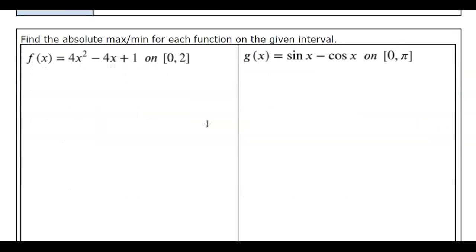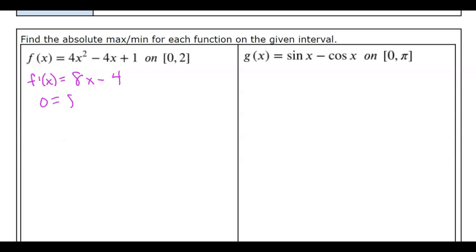So let's try our first example. Find the absolute max or min for each function on the given interval. First thing is we want to find our critical values. So find our derivative. And these can be any kind of derivative. I did a polynomial and trig and then a few others, but I just mixed them up. So these all should be solved by hand, typically.